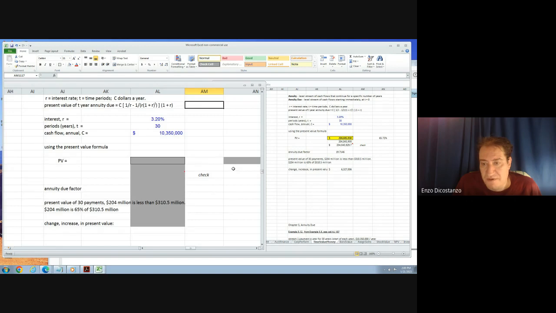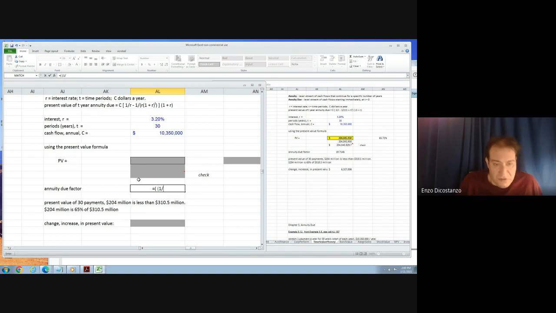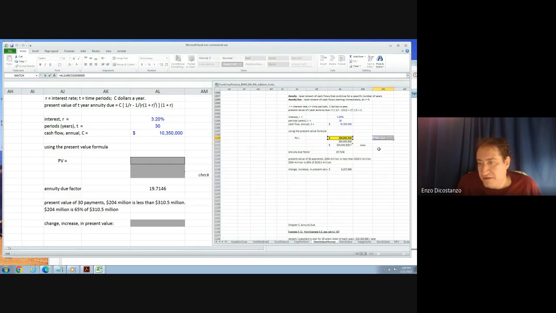The factor is equal to parenthesis 1 divided by 3.2% minus parenthesis 1 divided by 3.2% times 1 divided by 1 plus 3.2%, 30 years, and then times 1 plus 3.2%. 19.71. Okay, that is your factor there.